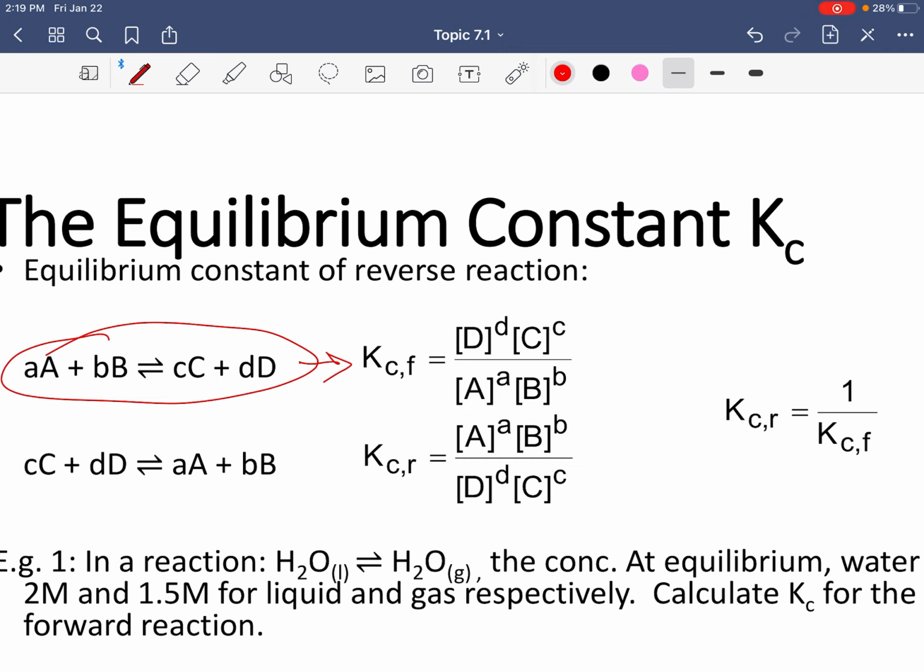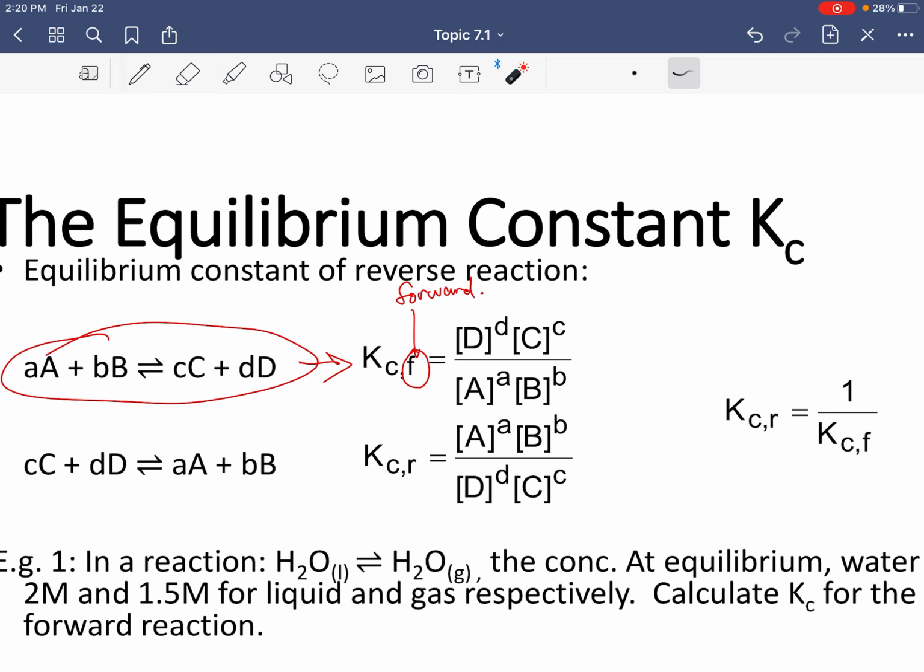Now, KCF means forward reaction. Under the forward reaction, we have exactly what we know: the product to its coefficient divided by the reactant and its coefficient. What if I decided to flip this reaction around?